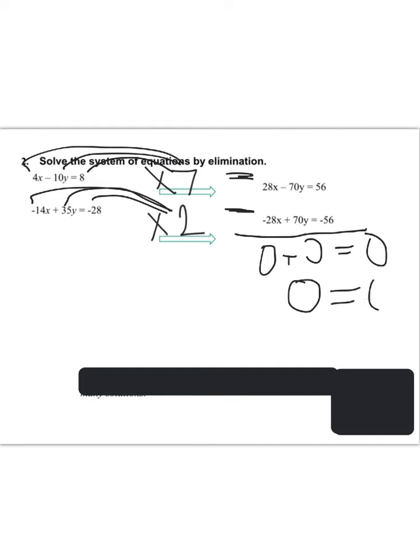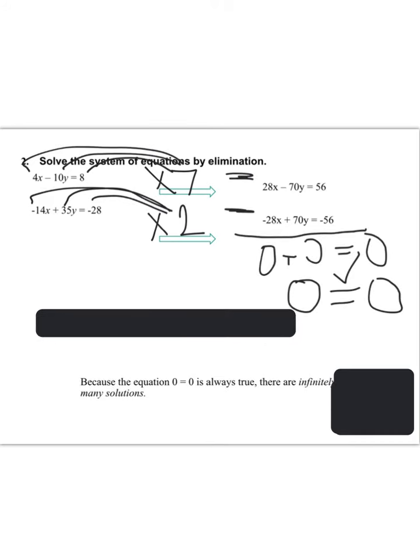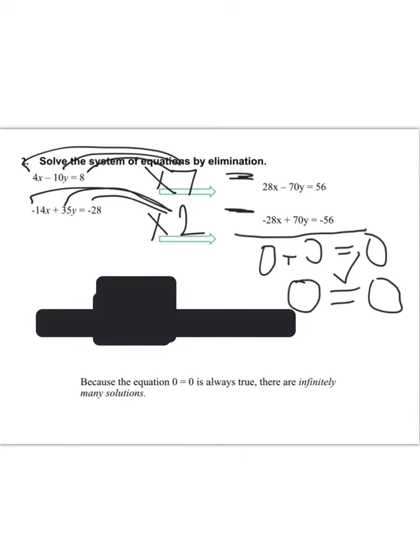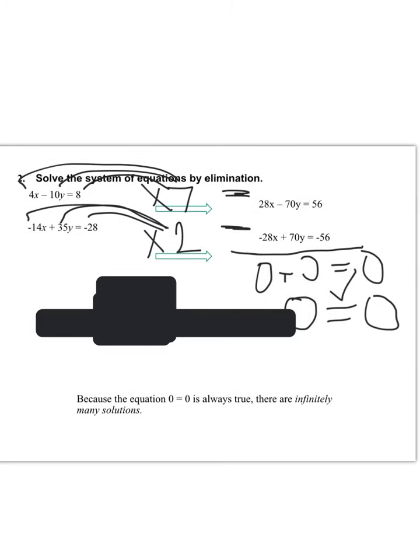So, do we have a true statement? Does 0 equal 0? Yes. And because of this, we have infinitely many solutions. And again, just to reiterate, if we had a system and we got down to where the two numbers didn't match, then we would have no solution.